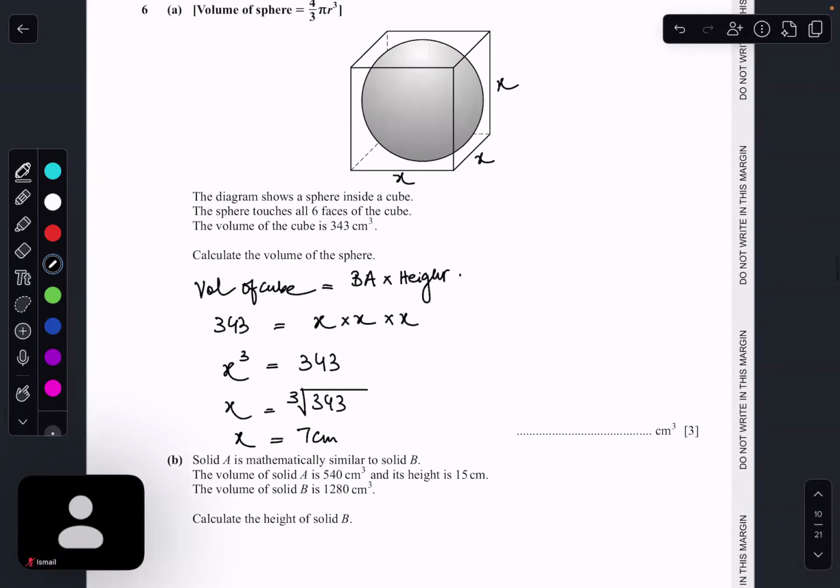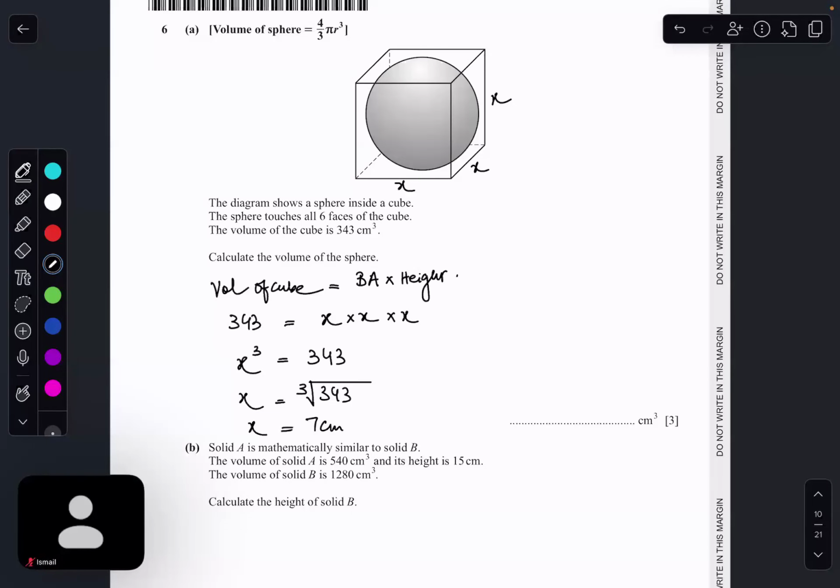Now look over here. It's a very important thing which they have discussed. The sphere touches all the 6 faces of the cube. Rehan, is the sphere touching this base over here? Zara, can you hear me?